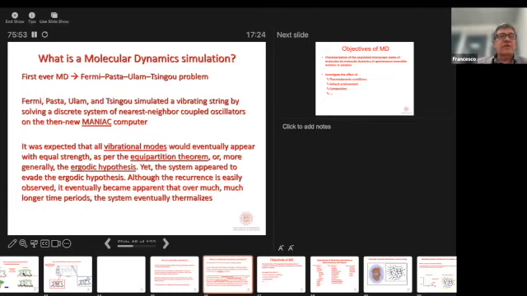The system was not adiabatically connected to a bath, but what they wanted to show basically was the validity of the equipartition theorem.